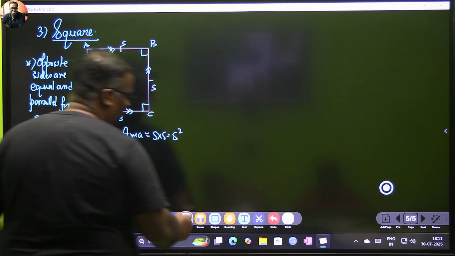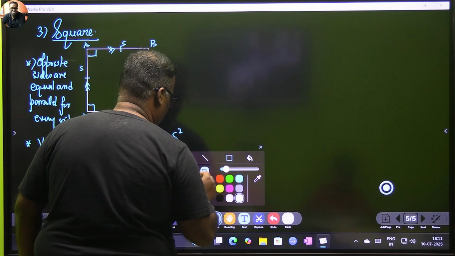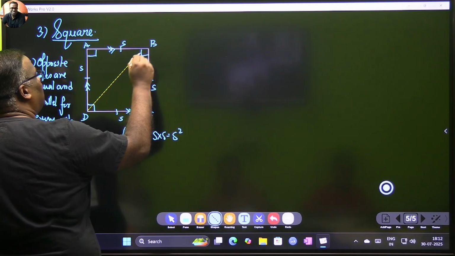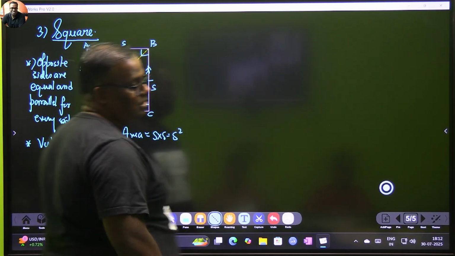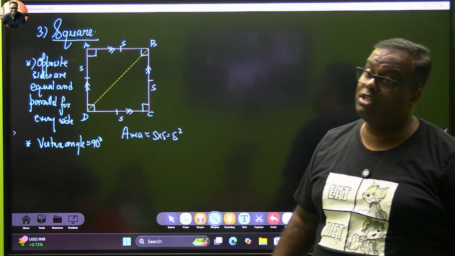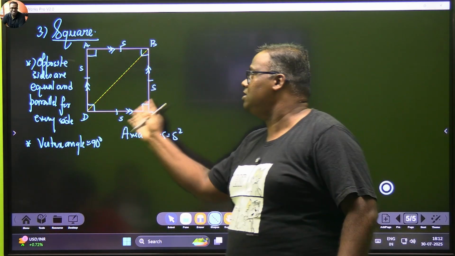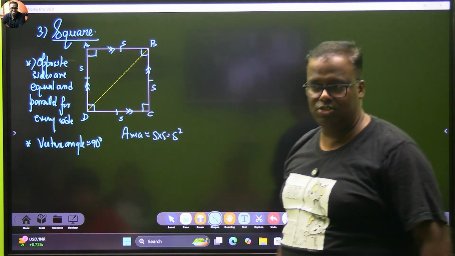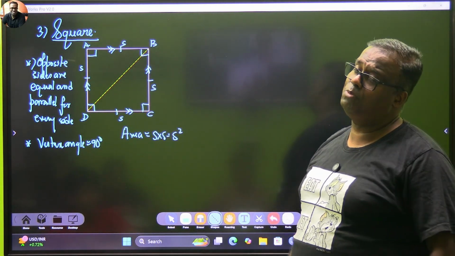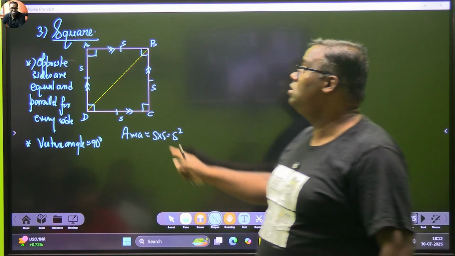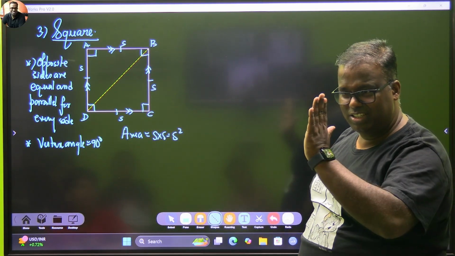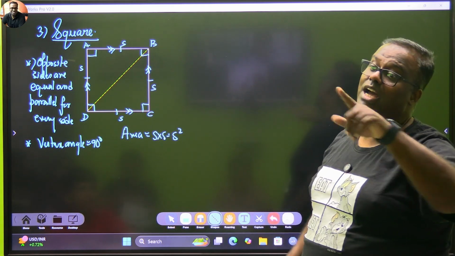Some more interesting observations. Look. One more observation and then you can write. If you make a diagonal out here, then you get 2 triangles which are isosceles triangles, because these arms are equal. What is an isosceles triangle? An isosceles triangle is one whose 2 sides are equal, and this is a very special isosceles triangle whose vertex angle is also 90 degree. So these are not only right angle triangles, they are also right isosceles triangles.